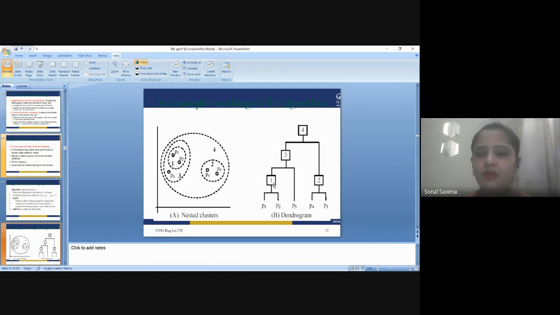Then cluster number 1 and P3 had the shortest distance, so we made a cluster of both of them, which is cluster number 3. And then cluster number 3 and cluster number 2 were nearer to each other, so we merged them to find the root cluster, that is cluster number 4.